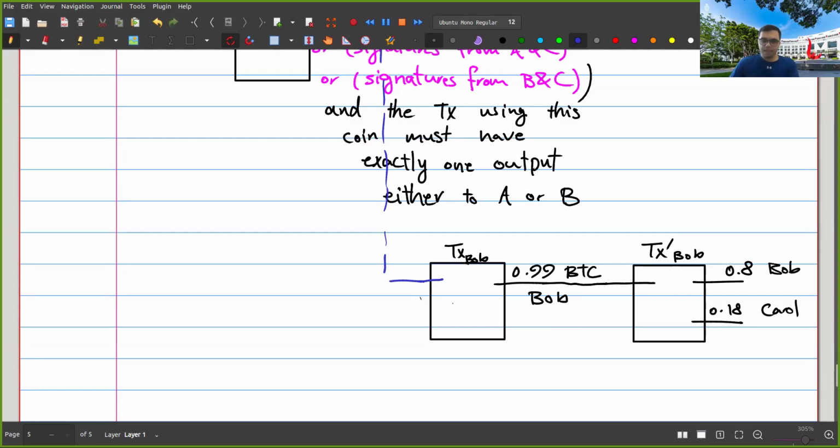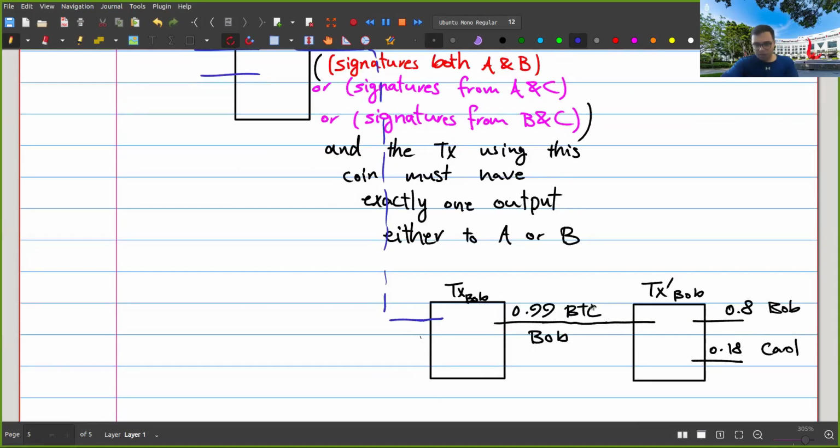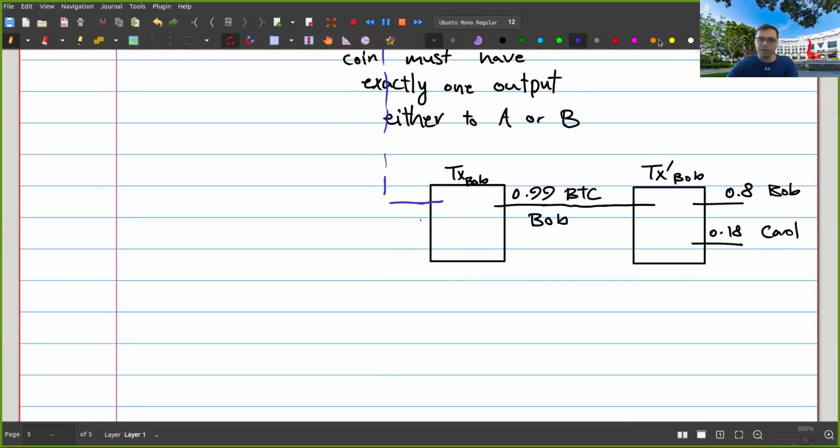She sees that if only she signs the first transaction, then the first transaction would become valid, right? Because the first transaction will have signatures from Bob and Carol, and the output is only to Bob, so it will satisfy the requirements here. So Carol can sign and make this transaction valid.